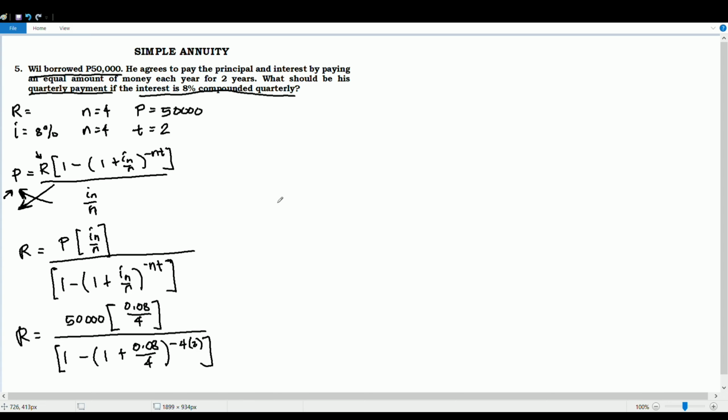Now let's evaluate first 0.08 divided by 4. So our R is equal to 50,000 pesos times 0.08 divided by 4, which is the same as 0.02.